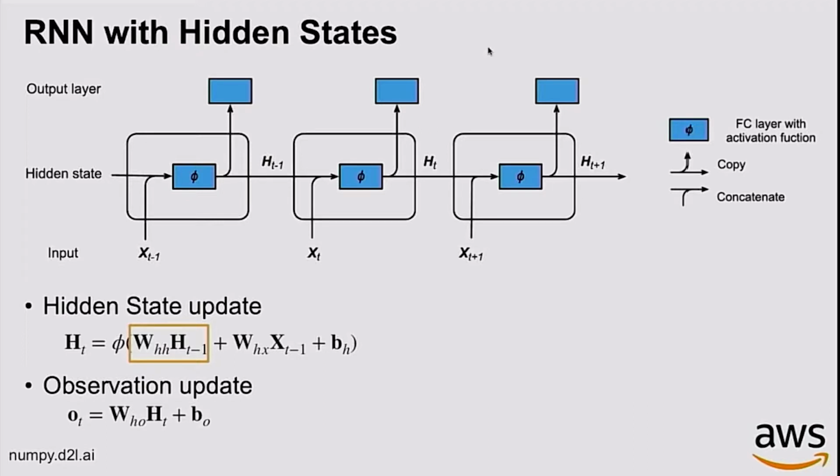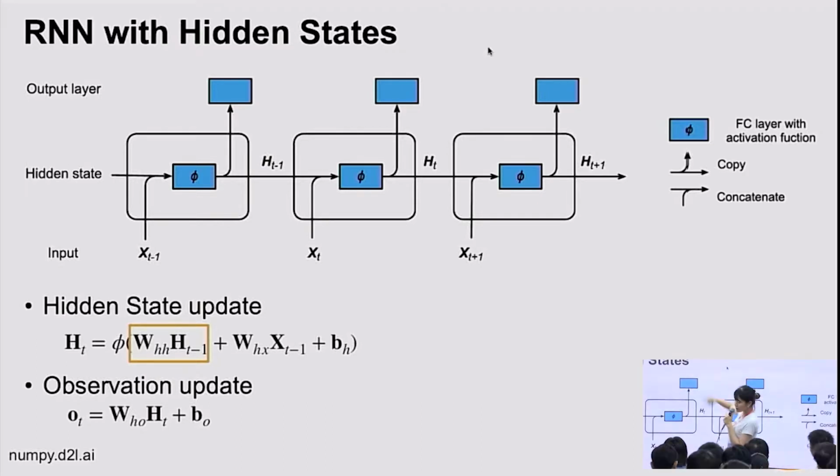W_hh is only applied on the previous hidden state, and W_hx is only applied on the input at the current time step. And we get the current hidden state, which is H_t. Then we can output it using new weights, W_ho, which is also an independent weight that we initialized at the first time step, and you also have the bias there. Then you will have the output at time step t.